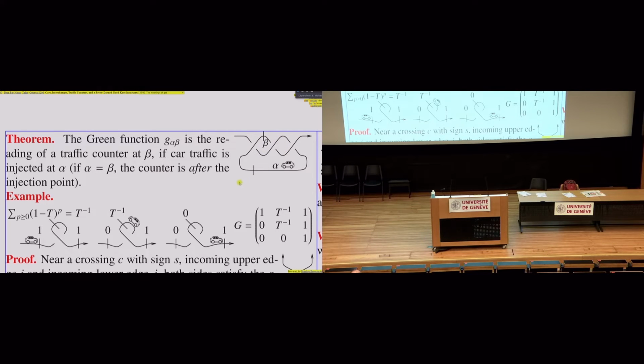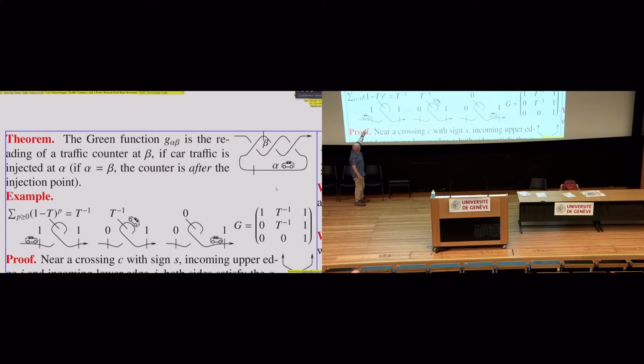And by convention, if alpha is equal to beta, you place the counter after the injection point. So basically, the counter at alpha will be placed after the point where you inject the cars. Okay? So here is an example.